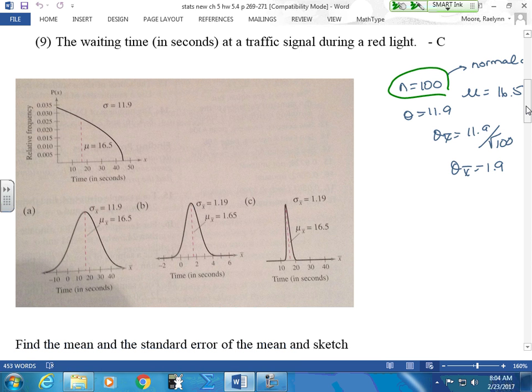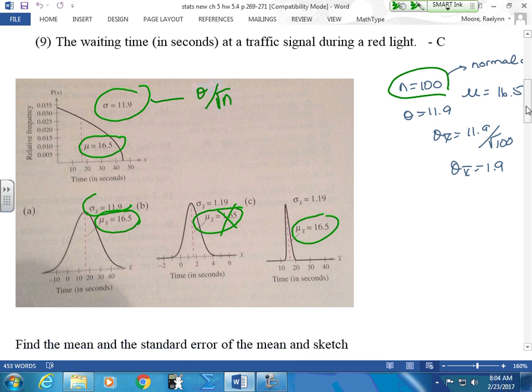Now, your mean has to stay the same. So look at all your means. Here's your mean. Your means have to stay the same. This guy changed, so it can't be that one. Agree? Your standard deviation has to be the standard deviation divided by the square root of n. Your standard deviation is 11.9 divided by the square root of 100, which is 10.